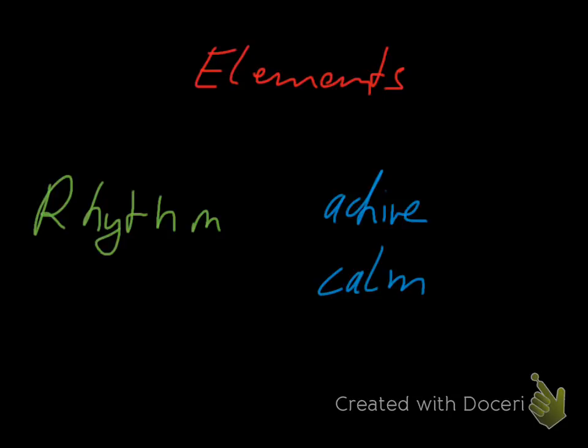A final element also concerns the rhythm of it. Is it an active rhythm or is it a calm rhythm? And so all of these elements combined help us to quantitatively describe what the melody is and how it is formed.